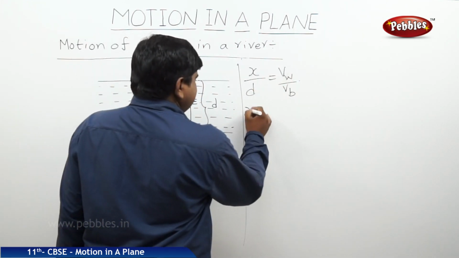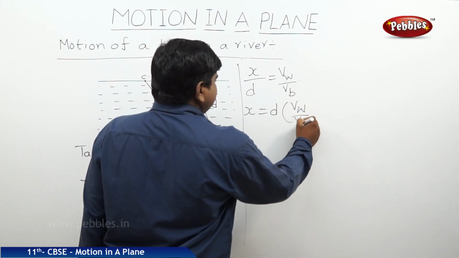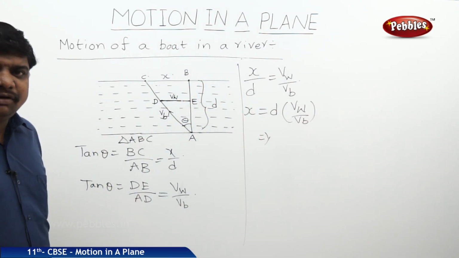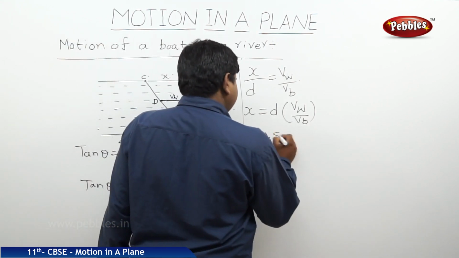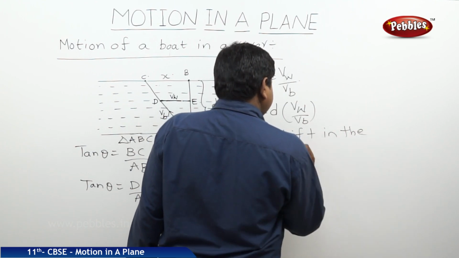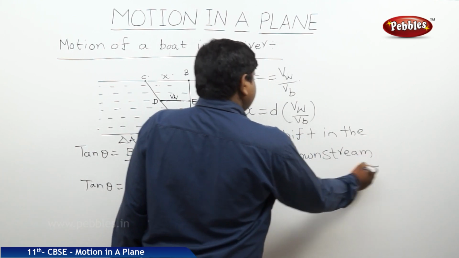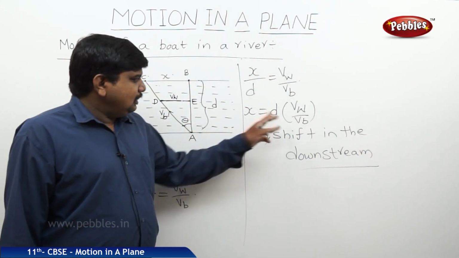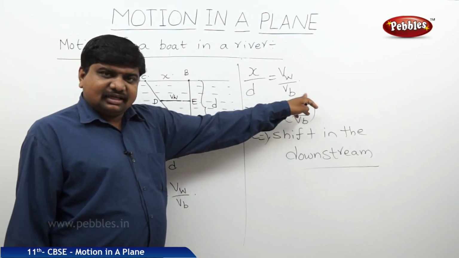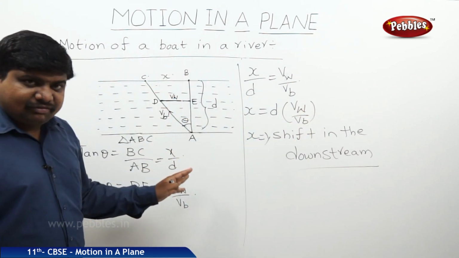Therefore, X is equal to D into Vw by Vb. What is this X? Shift in the downstream. So shift in the downstream is equal to the distance between the opposite shores into velocity of water component by velocity of boat component, which are moving in the river.